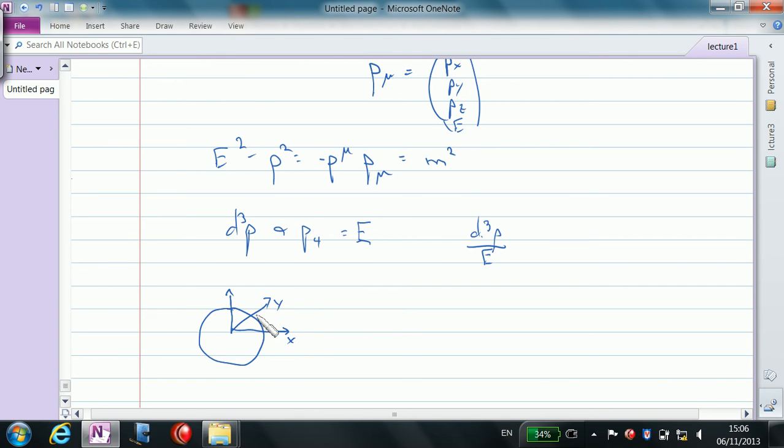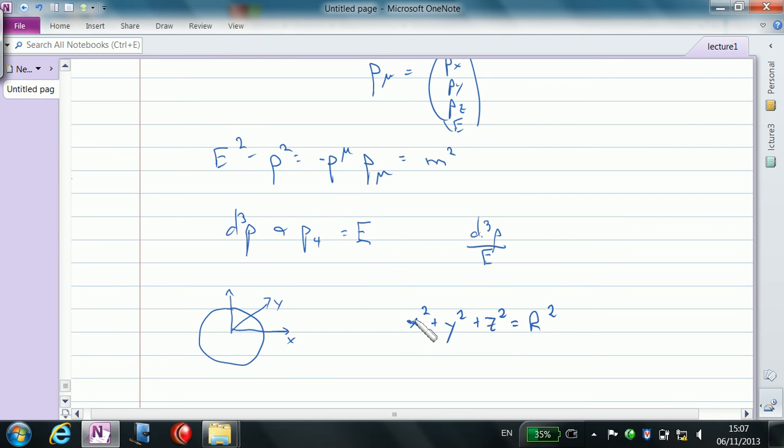The equation for the sphere, which is a two-dimensional hypersurface embedded in 3 dimensions, is x squared plus y squared plus z squared is equal to r squared.